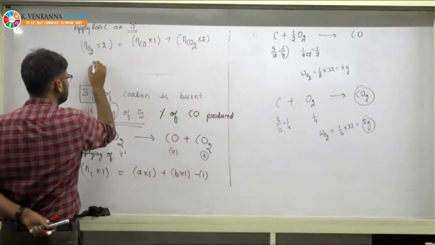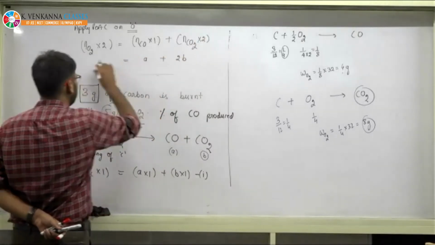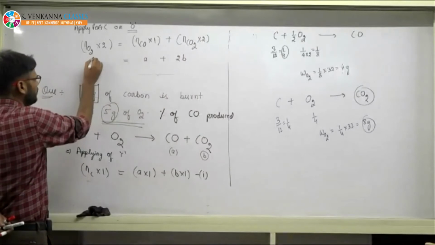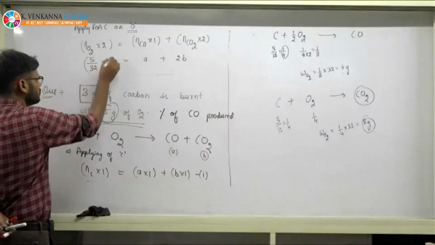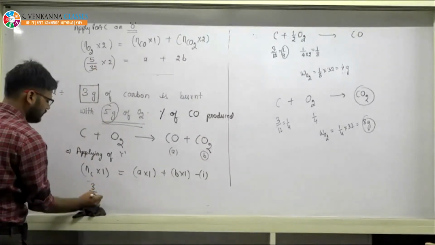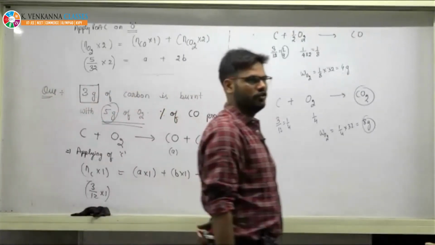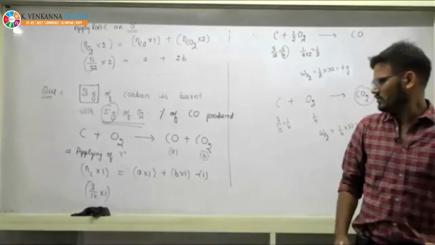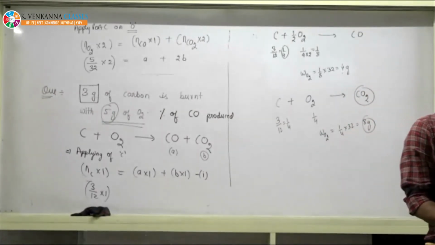So if you solve it, it will become A plus 2B, and moles of O2 can be calculated by 5 by 32 into 2, and moles of carbon can be calculated by 3 by 12 into 1. So you have two equations. You can easily solve for the percentage. Write it down, and if you are having any doubt, let me know.